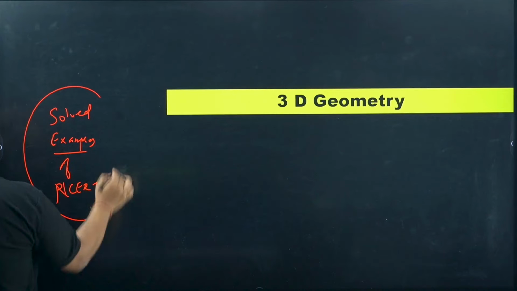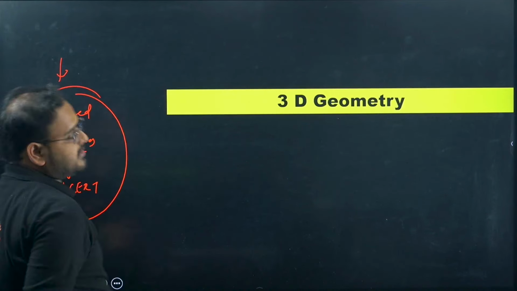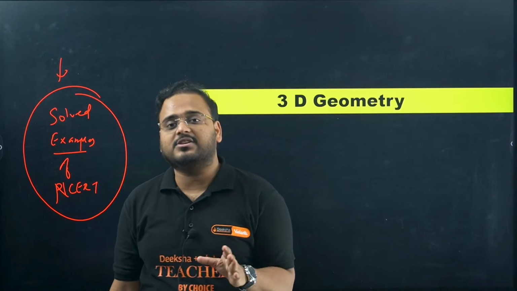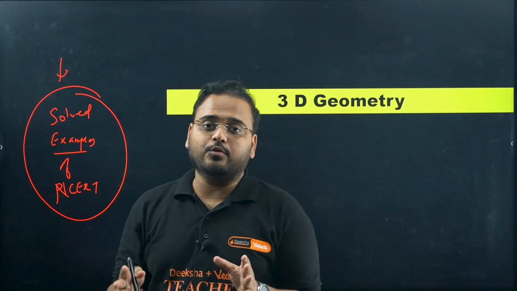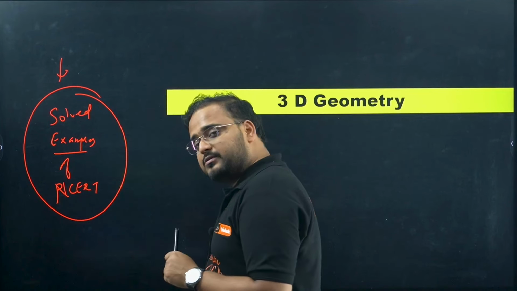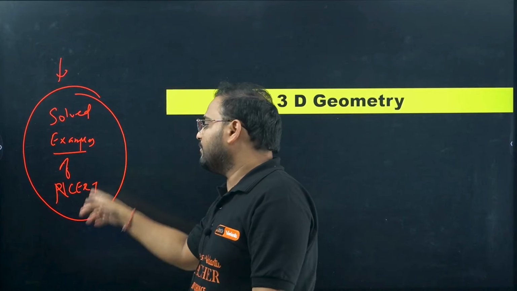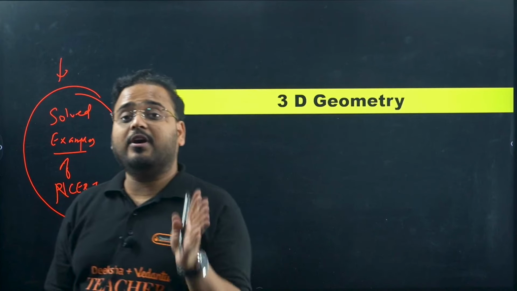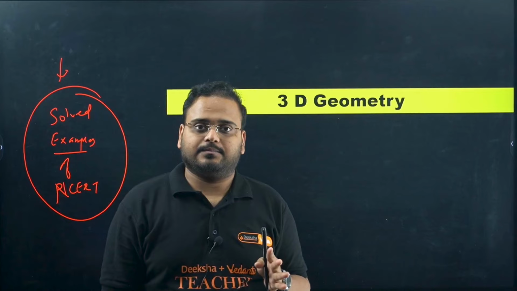If you are serious and want to actually study for your FA2, after studying all these questions, do not forget to solve the solved examples of your NCERT, and your preparation for FA2 will be up to the mark.